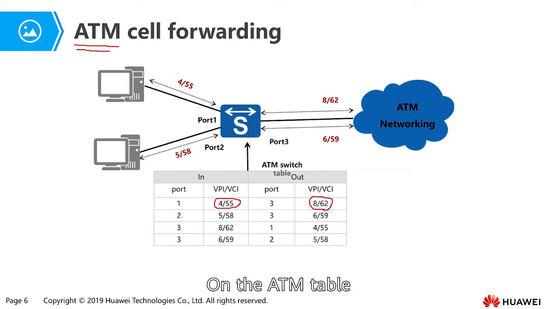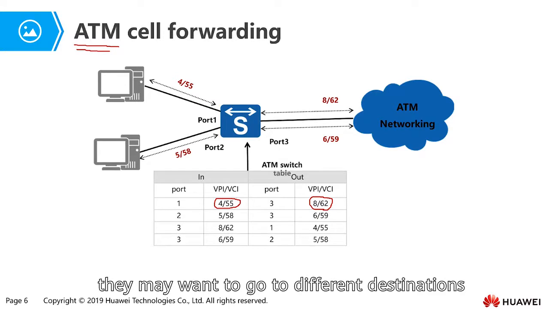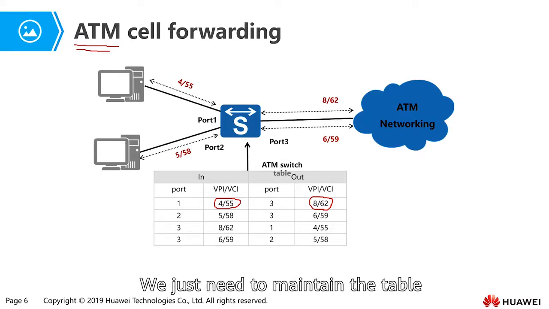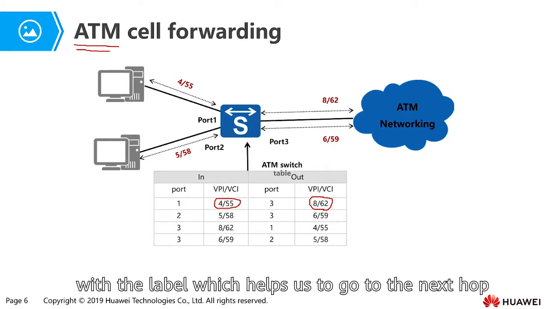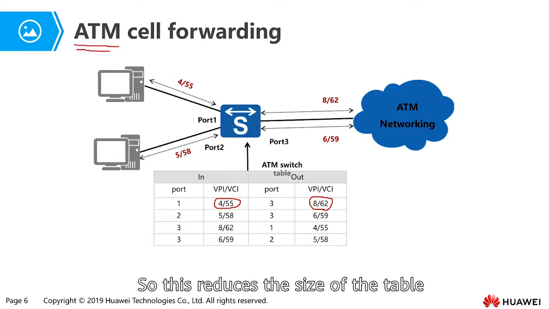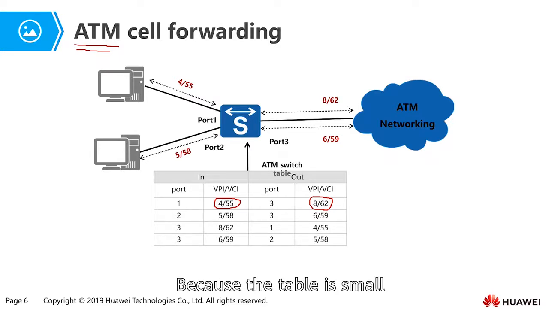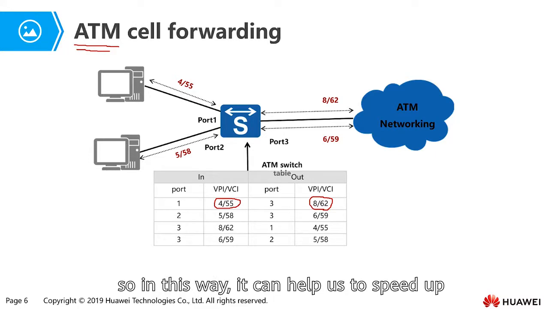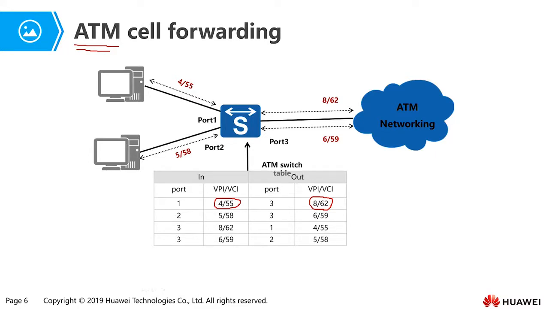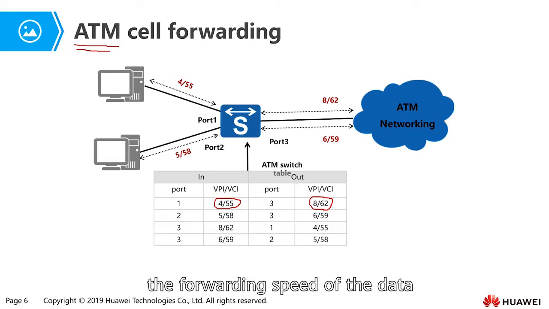In ATM, we don't need to care about all the destination networks, because packets may go to different destinations. We just need to maintain a table with labels, and the label only helps us get to the next hop. This reduces the size of the table, and the forwarding is very simple. In this way, it helps speed up data forwarding.